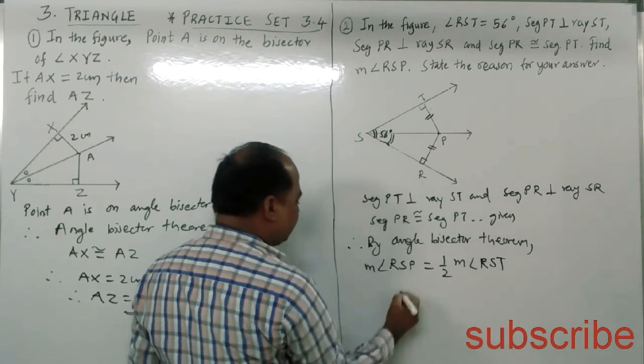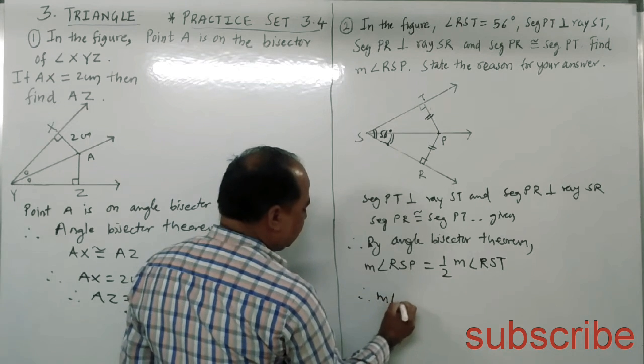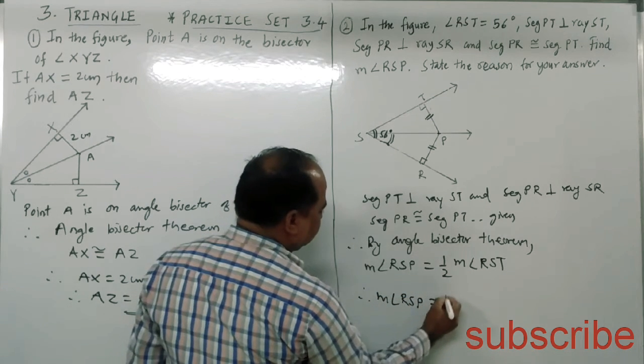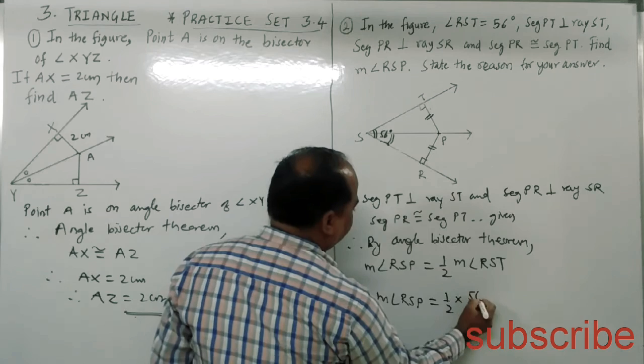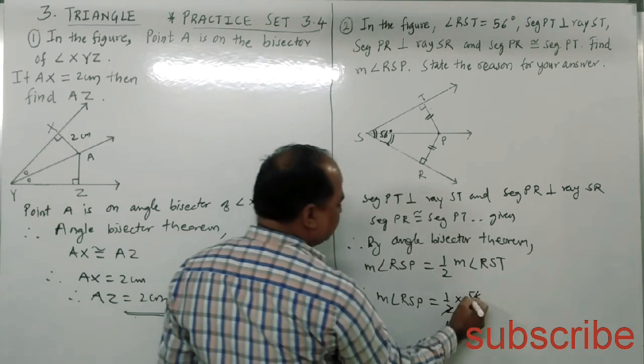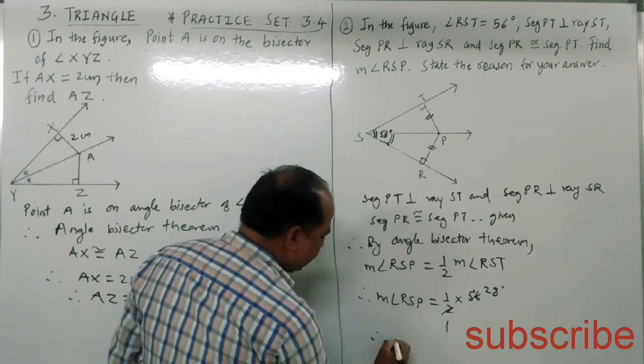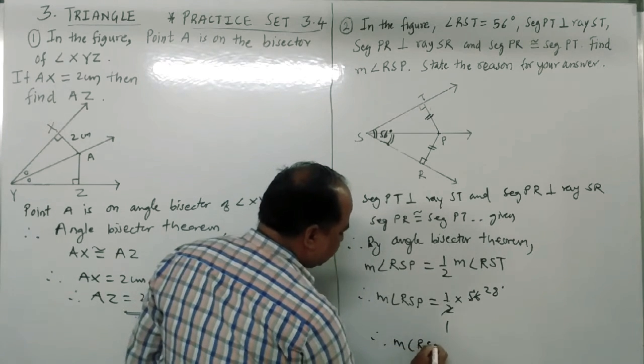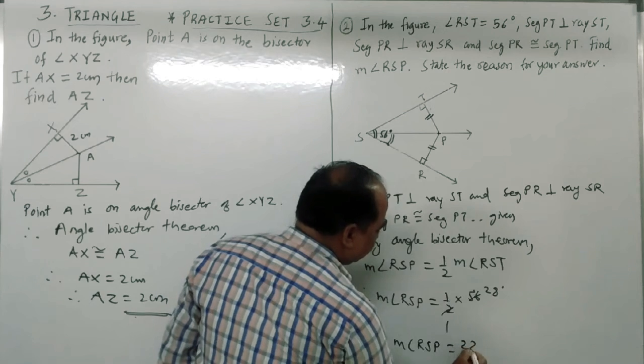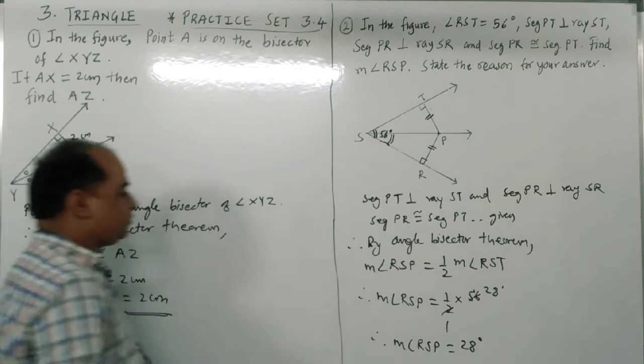Now angle RST is given, therefore measure of angle RSP is equal to 1 upon 2 into 56. That is, 2 ones are 2, 2 twos are 4, 2 eights are 16. So therefore measure of angle RSP is equal to 28 degree.